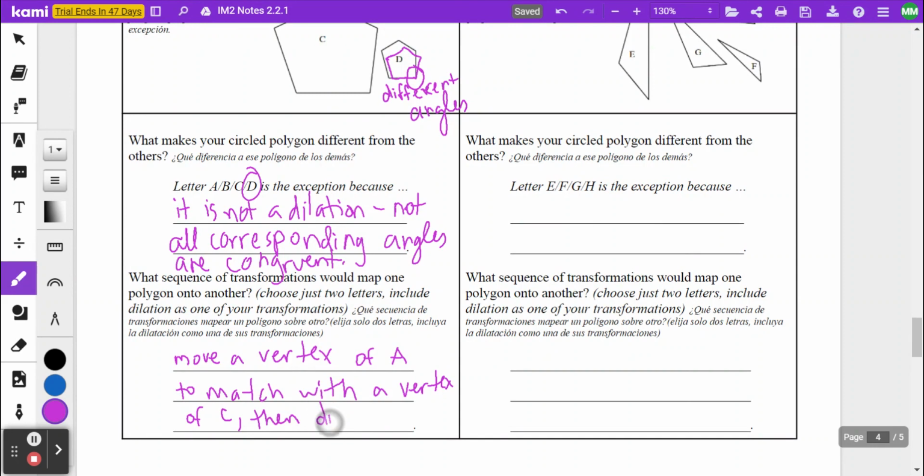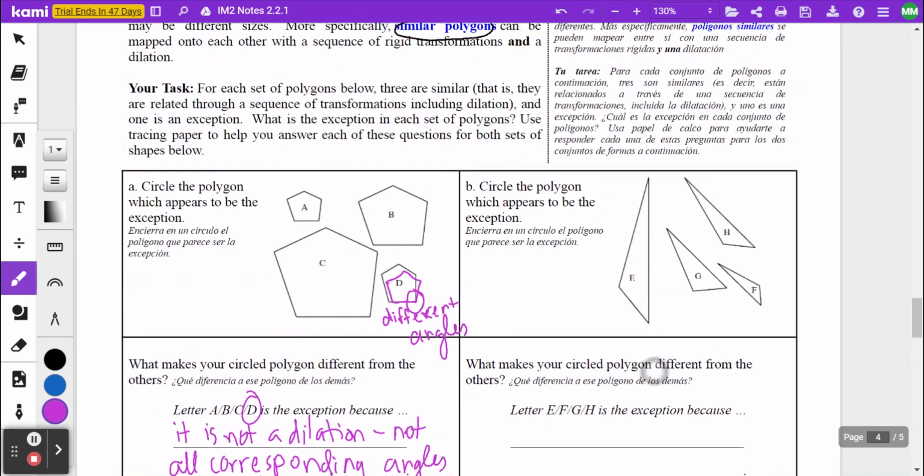Then dilate A to get bigger to match with C, to lay on top of C.